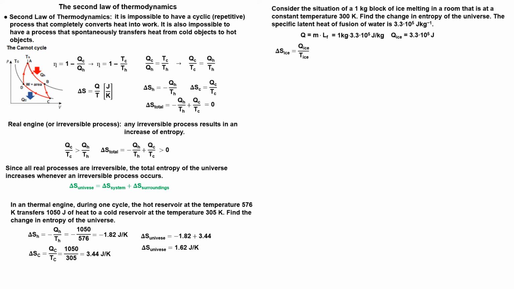So the gain in entropy of the ice is given by the following. The room transfers the same amount of heat to melt the ice. So the loss of entropy by the room is the following. We now sum these contributions to obtain the entropy change of the universe.